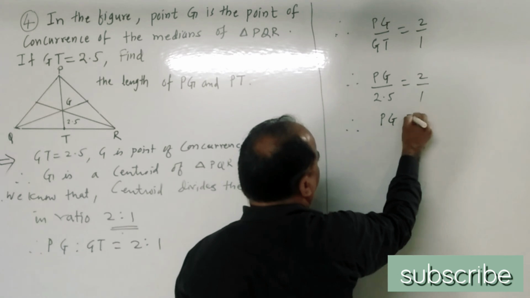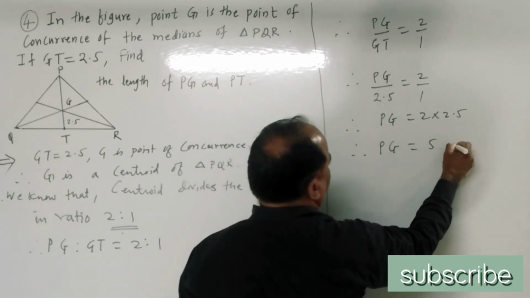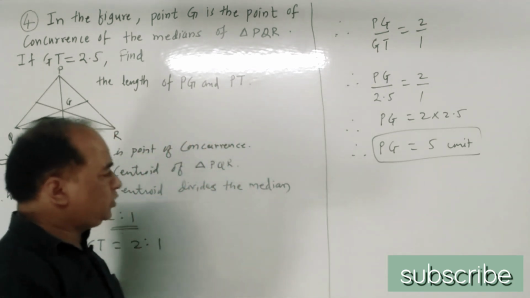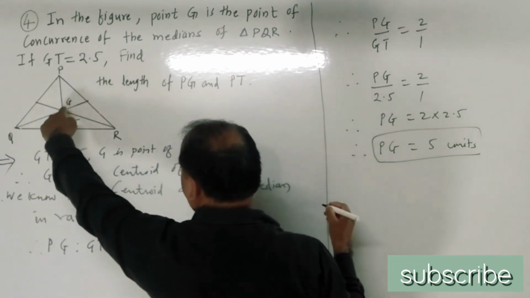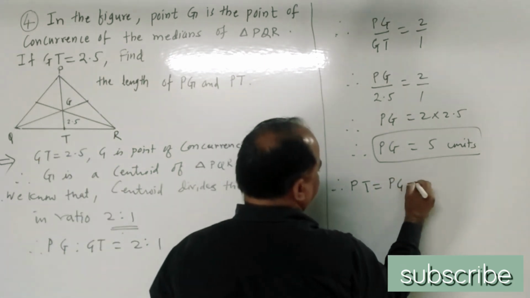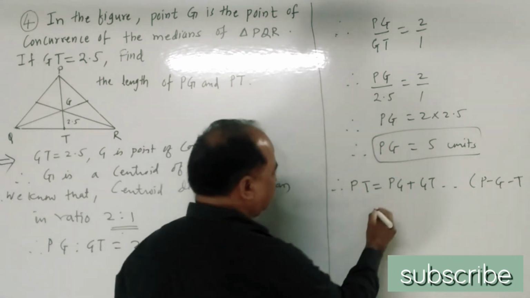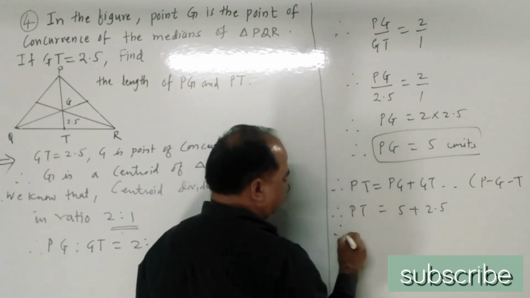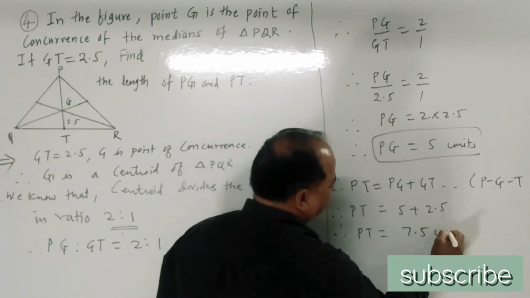Therefore, PG is equal to 2 into 2.5, which is 5 units. So PG is 5 units. Therefore, PT is equal to PG plus GT, as G lies between P and T. PG is 5 plus GT is 2.5. So PT is equal to 5 plus 2.5, which is 7.5 units.